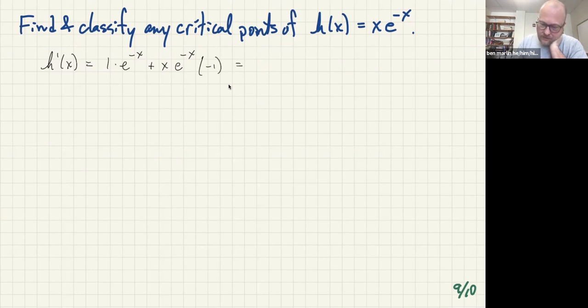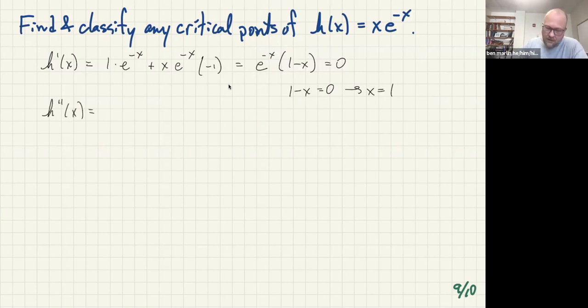And so this turns out to be e to the minus x times 1 minus x. So when you set that equal to 0, you cannot have the e to the minus x be 0. So we essentially rule that out and have that 1 minus x is 0, so x is 1. That's the only critical point. So that makes this a lot less work, right? Sure, a lot less than the previous one.